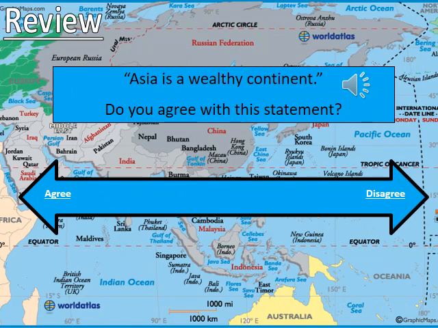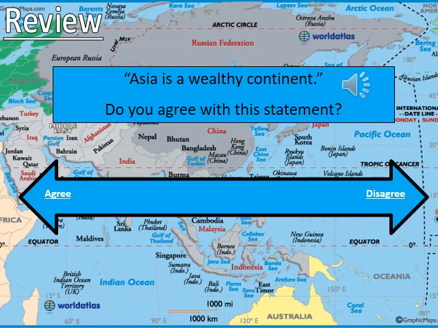Okay, so as the review, just to give yourself an indication of where your mind was at the start of this project, just put your initials somewhere on this scale of whether you agree or disagree to the phrase Asia is a wealthy continent. If you really haven't made up your mind, if you're 50-50, put your initials slap bang in the middle.